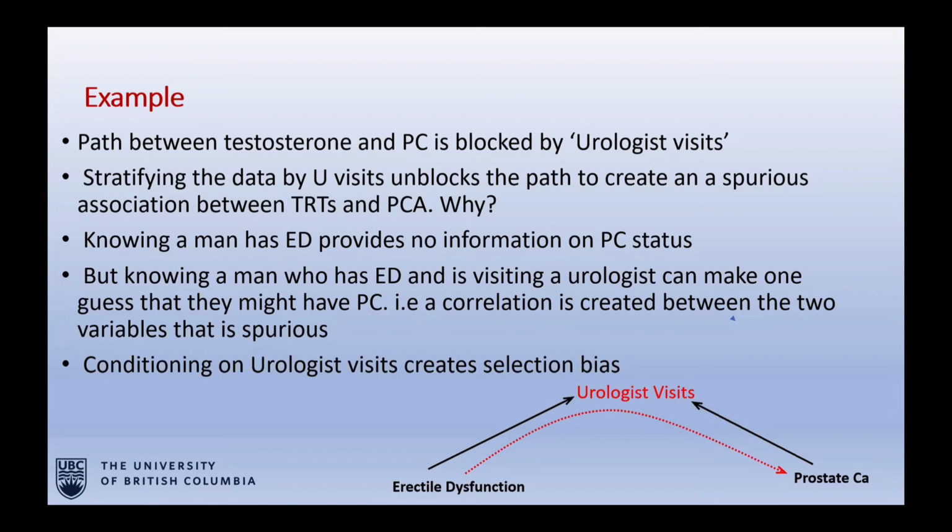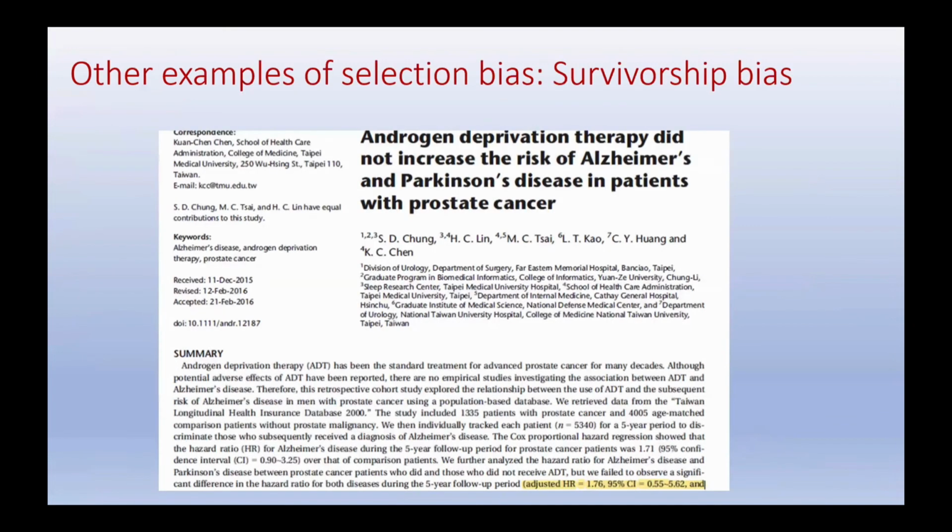But if we condition on urologist visits, and conditioning means pinpointing that variable on one set of its values, so if we know a man has ED and has visited a urologist, it's easier to guess that they may have prostate cancer. So that's how these correlations occur in selection bias, as a result of conditioning on a collider variable.